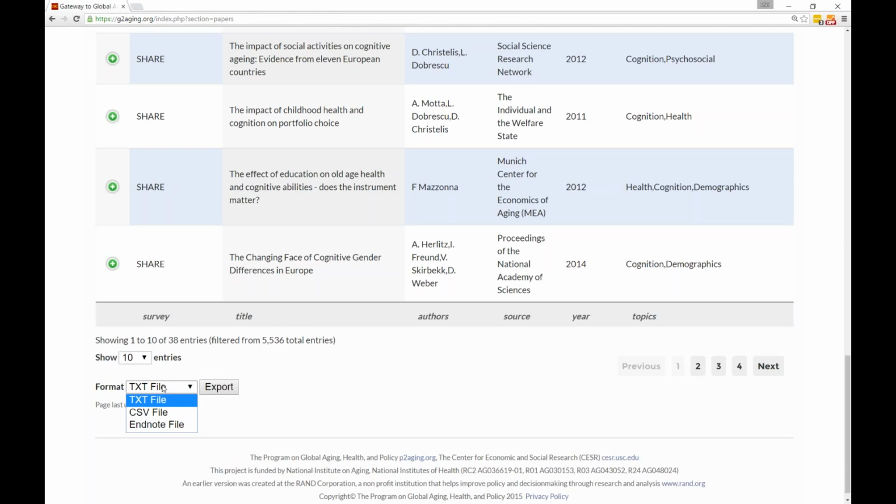And there's a lot of power in studying things cross-nationally, which isn't available in a lot of other data. So we know that things have been presented at other conferences. And maybe in the future we will be having a conference just presenting work on harmonized aging data.